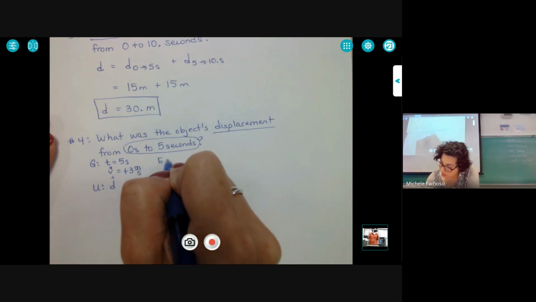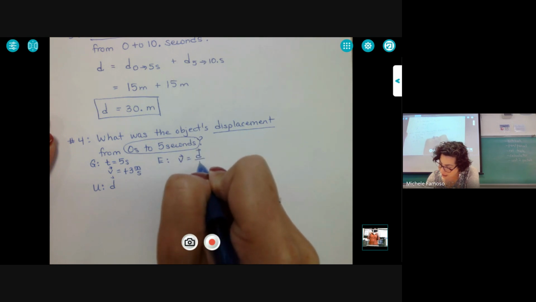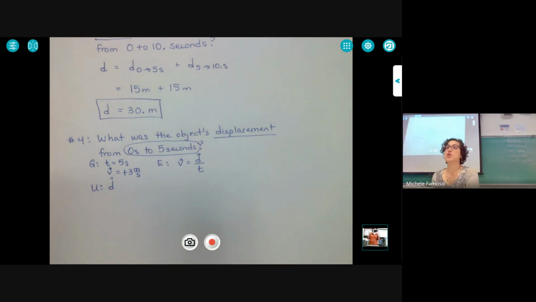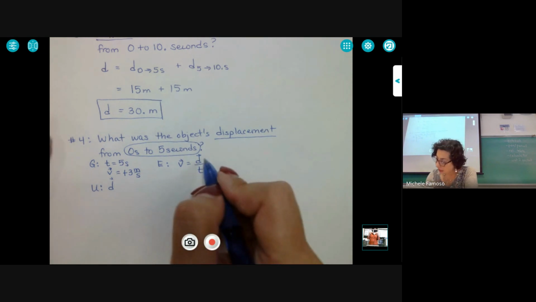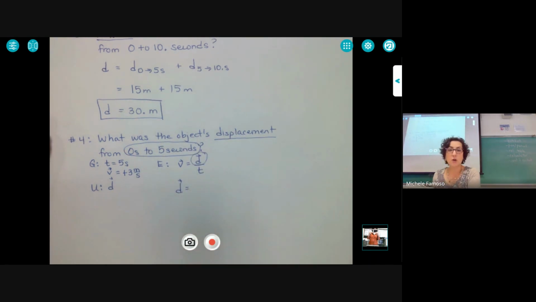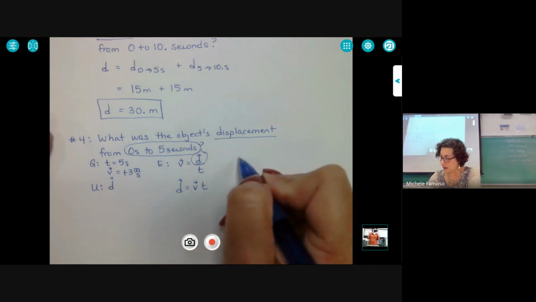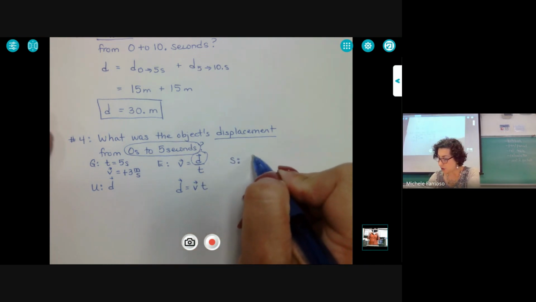So the equation we're going to write is the same one we have on our reference table, but with arrows to indicate we have vectors. But again, if I want to solve this for displacement, what is that equation for displacement going to look like? It's the velocity times the time. So now we can do our substitution with units.